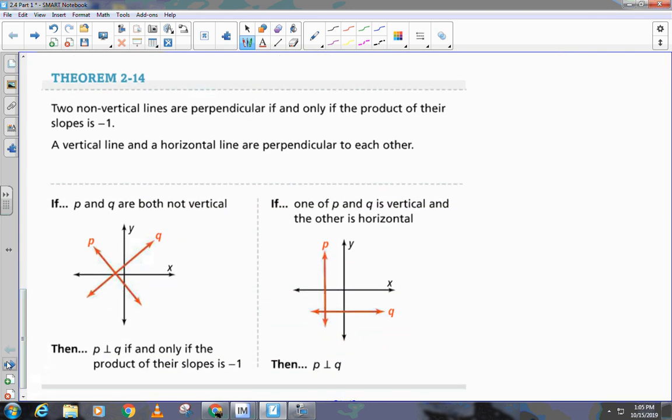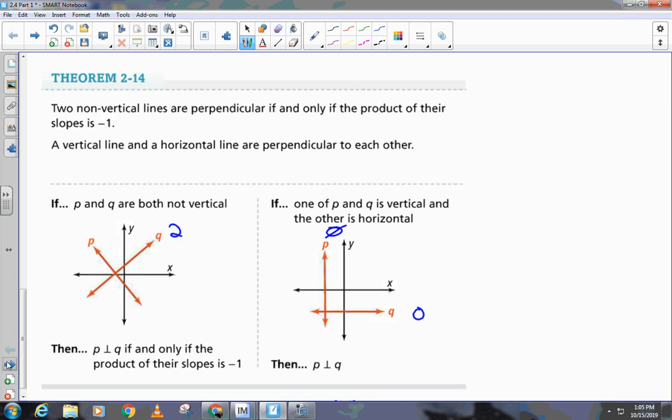Okay? Perpendicular, all right? Now, you can see that this has a slope of 0. This one has an undefined slope, okay? A horizontal and vertical line are perpendicular with each other, okay? But what if it's not horizontal and vertical? What if it's a positive and a negative slope? Well, if they're going to be perpendicular, they're going to have slopes that are opposite reciprocals, okay? So let's say this one had a slope of 2.